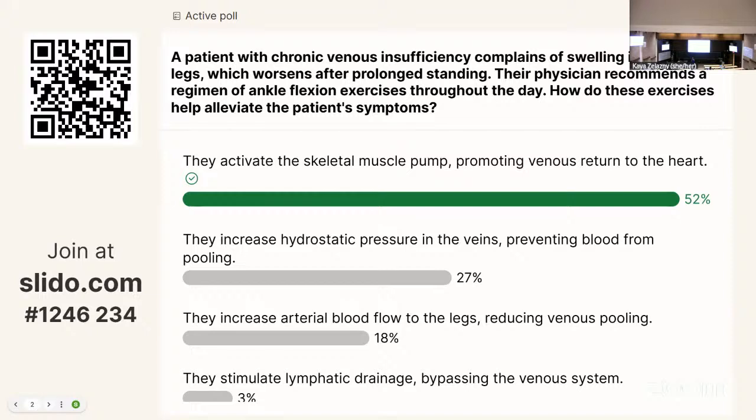So we looked at how muscles can create a sort of limited pressure gradient that helps us pull blood from the veins back up as we squeeze muscles, activating those muscles, like in this case, by doing some ankle flexion exercises, exercising those muscles in the leg that you've seen in lab.